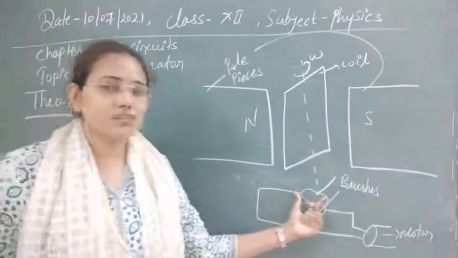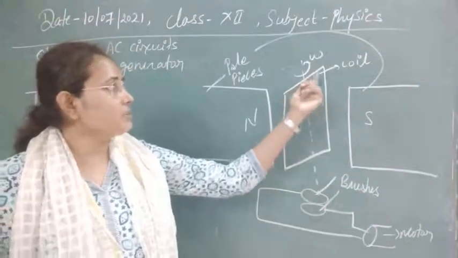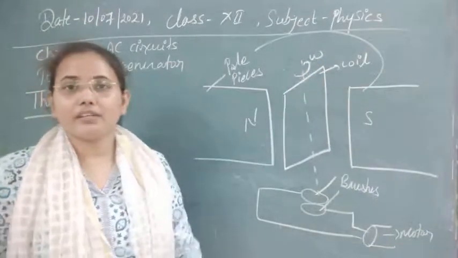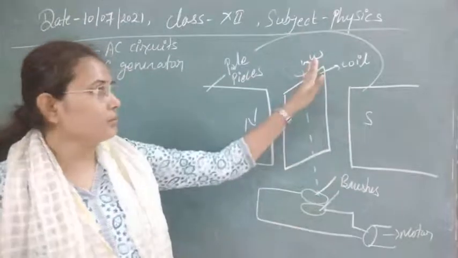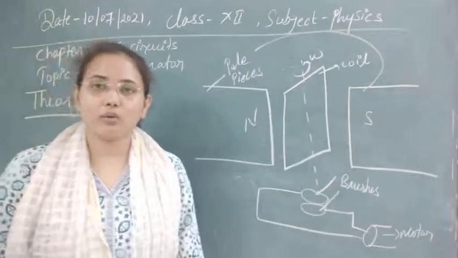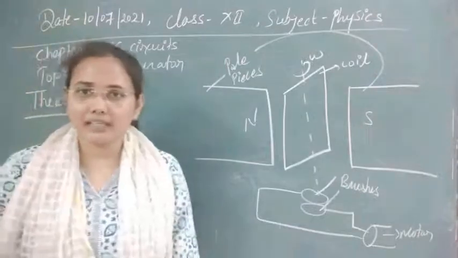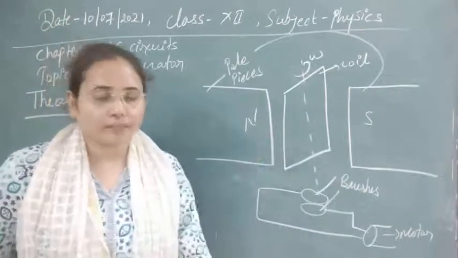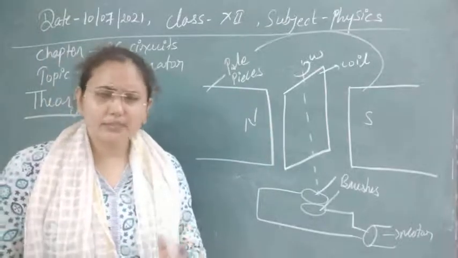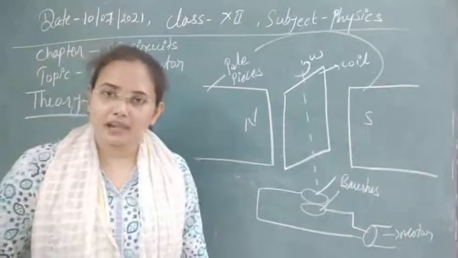By this, the brushes rotate, and by their rotation the coil rotates, and we get some angular velocity omega. Due to the rotation of the coil in the external magnetic field, the flux linked with the coil changes, and due to that an induced EMF is produced, and a current is generated in this closed coil.